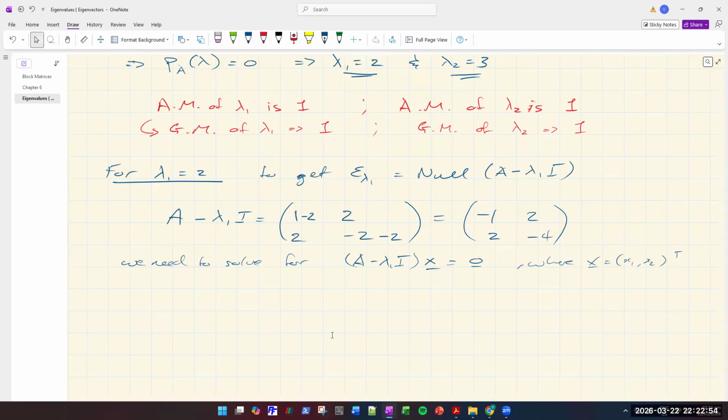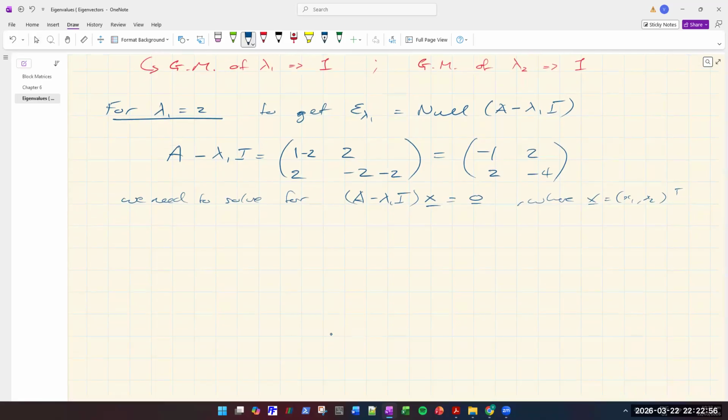So there are many ways you could do this. The foolproof way is you could of course convert this to a system of equations and solve that. But for bigger matrices, that's more difficult to do. So the best way to do this is to use row reduction. Even though for a 2 by 2 matrix, it's straightforward to solve the system of equations, it's best to get into the habit of practicing row reduction.